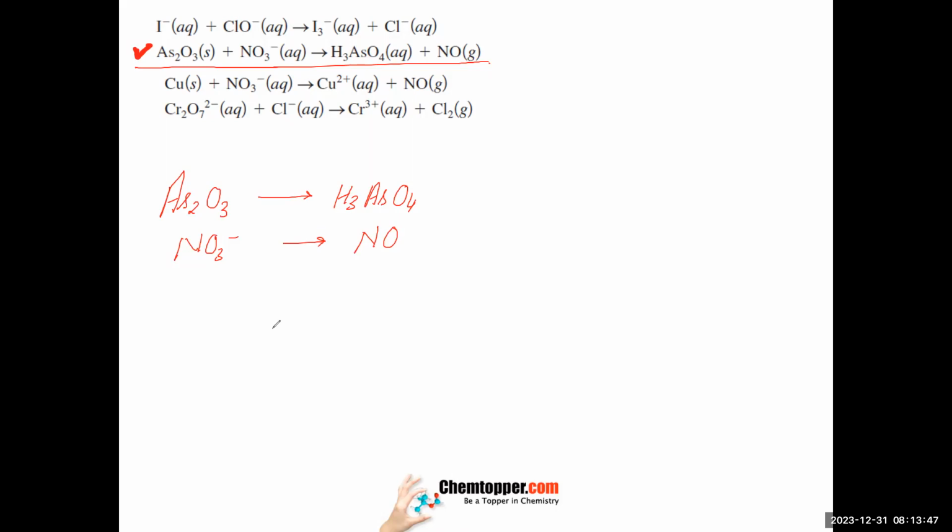So first rule, balance atoms other than hydrogen and oxygen. So balance arsenic. What should I do? Yes, girls, please keep telling me fast. Shrihan, where are you? Shrihan, be faster. So place 2 here to balance your arsenic. Balance nitrogens. They're already balanced.